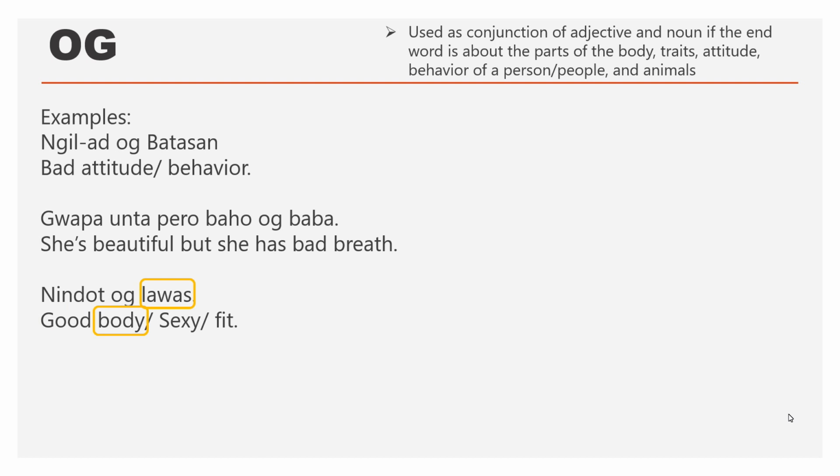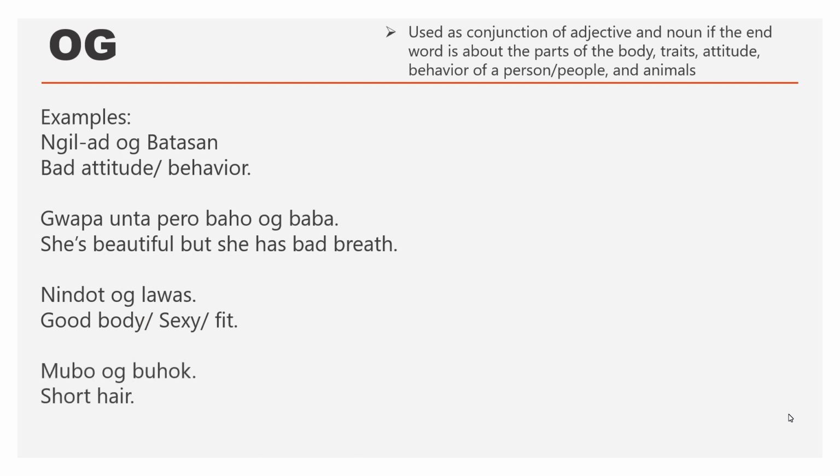But when somebody says nindot ug lawas, it means the person is sexy or fit. Sometimes when you say nindot ug lawas, it can also be translated as the person has good sex appeal. You find the person sexy and attractive. Nindot ug lawas.